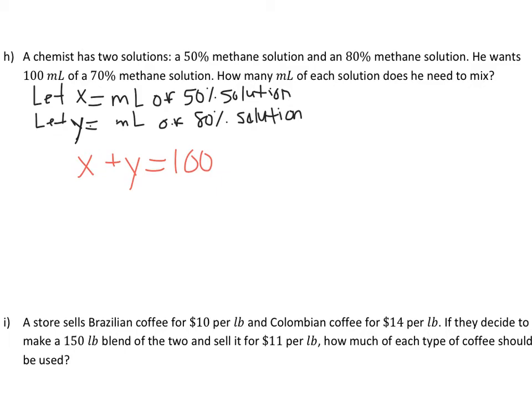Now let's talk about the percentage. I have 50% methane solution plus 80% methane solution. Remember, we're changing our percents to decimals. And I have 70% of the total. Now the total is 100, so really 70% of 100. If you notice, all we did here is we took our original equation in red, X plus Y equals 100.